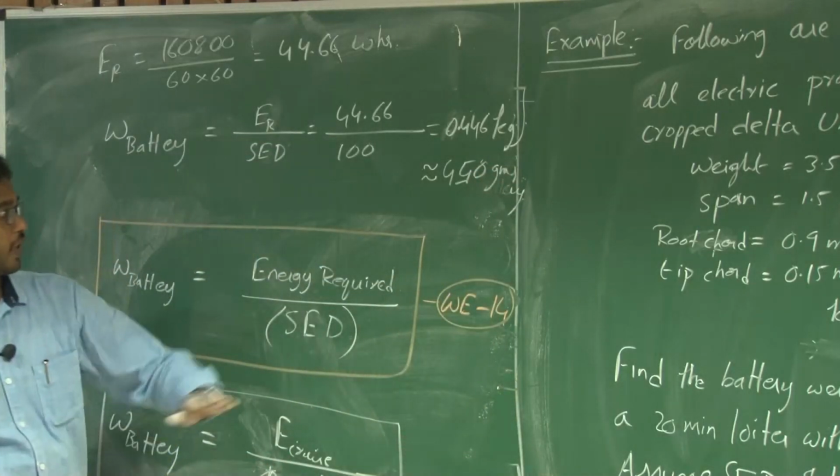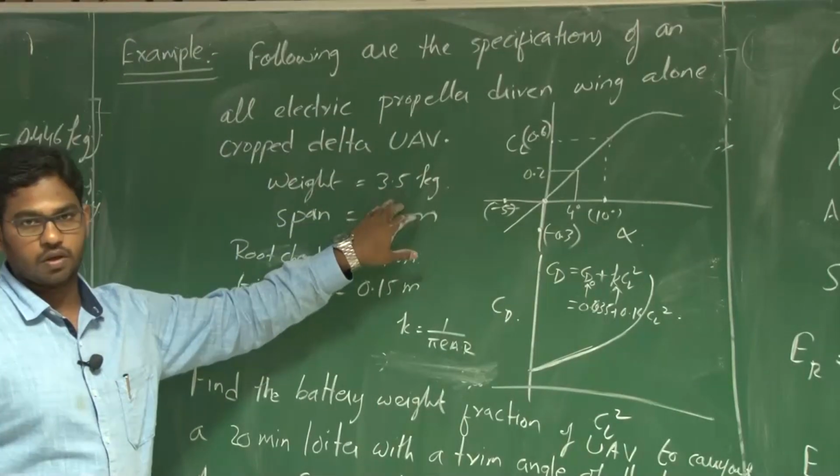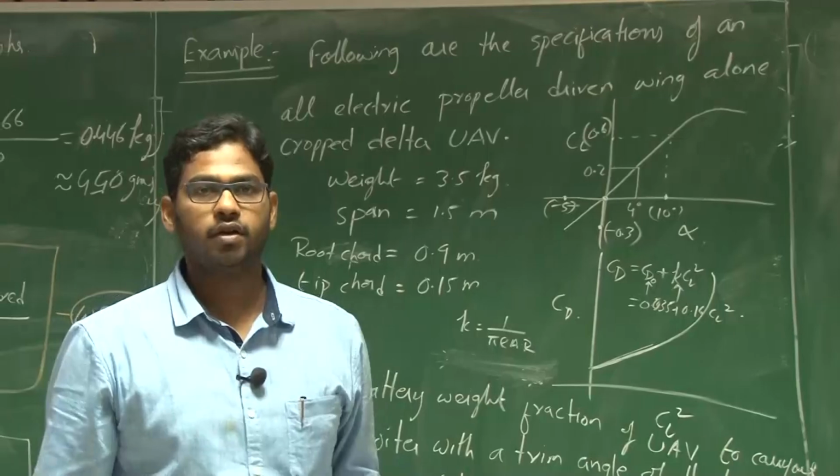So for this 3.5 kg UAV, half a kg is the battery weight. You need to consider half a kg as the battery weight for this UAV.